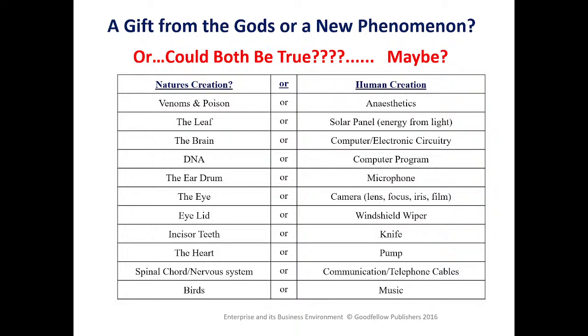Eye and camera. Eyelid and windshield wiper. Incisor, knife. Heart and a pump. Water pumping systems you are seeing? It is based on our hand. Spinal cord and nervous system. Communication, telephone cables. Birds, music. Yes or no? All these are nature's creation, and this is our own creation.